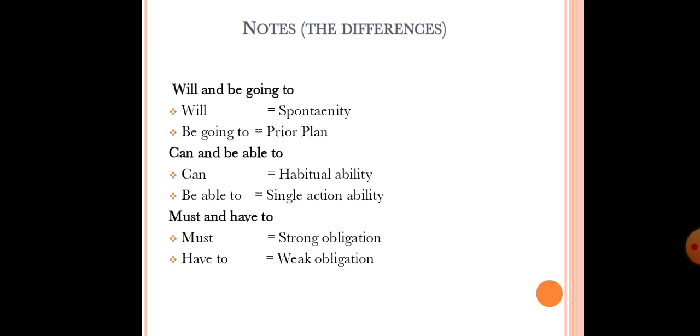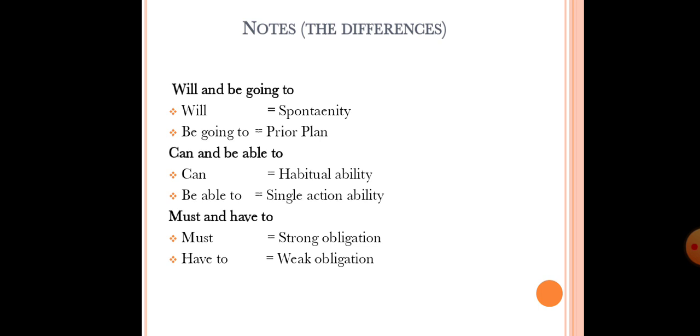And number 3, must and have to. Must is strong obligation. It means strong necessity and there is a result or consequence. Example, I must study hard because tomorrow there will be a task. And have to. Have to is weak obligation. Sometimes it doesn't need a result.